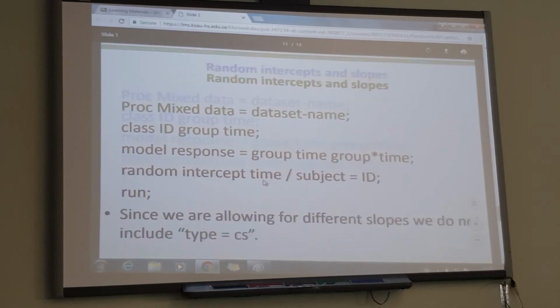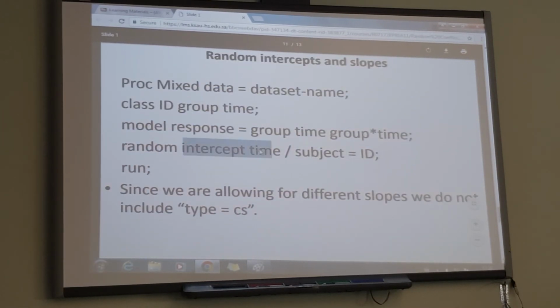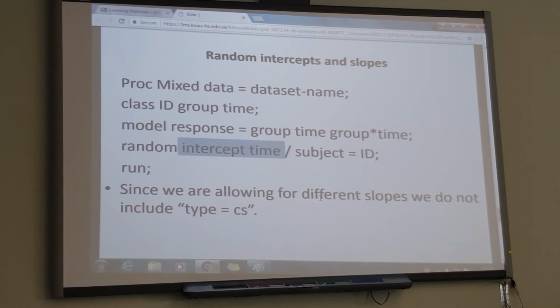So now you're going to include both of them. Look at this. In the random variables, you're going to include the intercept and the time. But you're going to exclude what? The type equal. Because you still need to have a different time, which is a different slope and a different intercept. So you have to remove the compound symmetry statement.